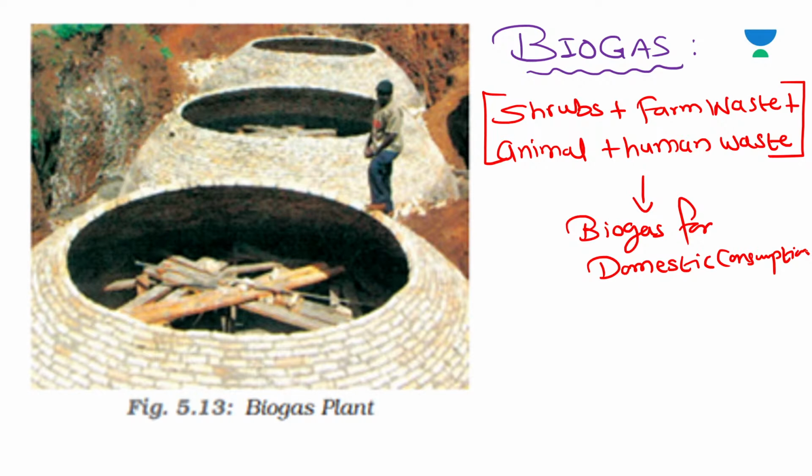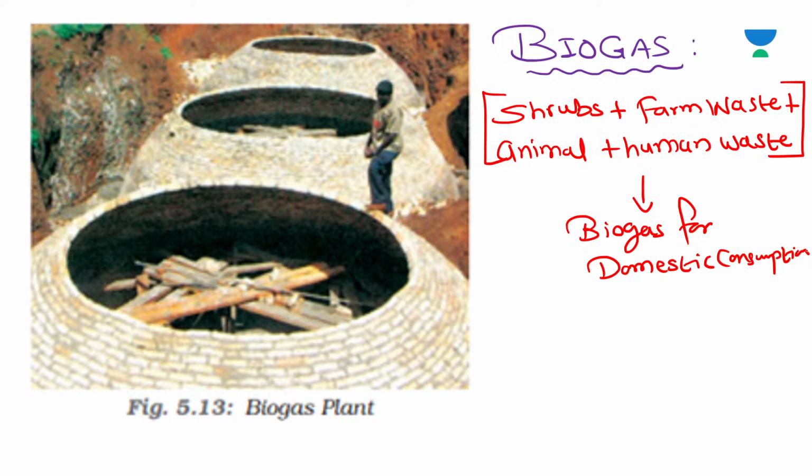Now decomposition of organic matter yields gas which has higher thermal efficiency in comparison to kerosene, dung cake and charcoal. So biogas plants are set up at municipal, cooperative and individual levels.